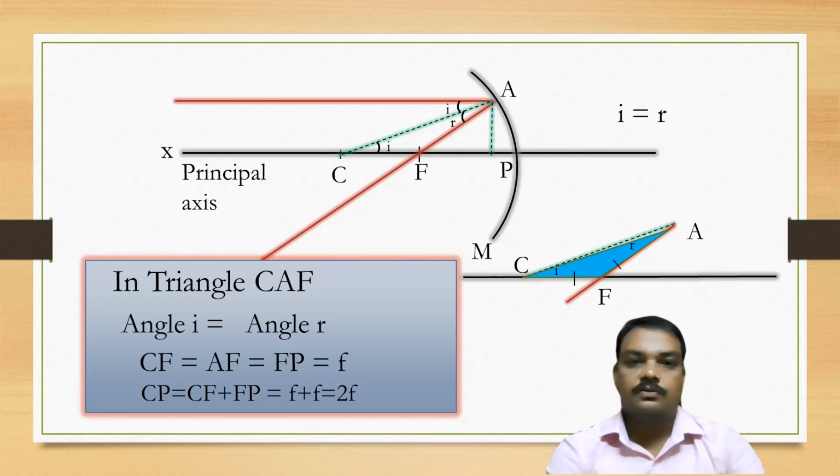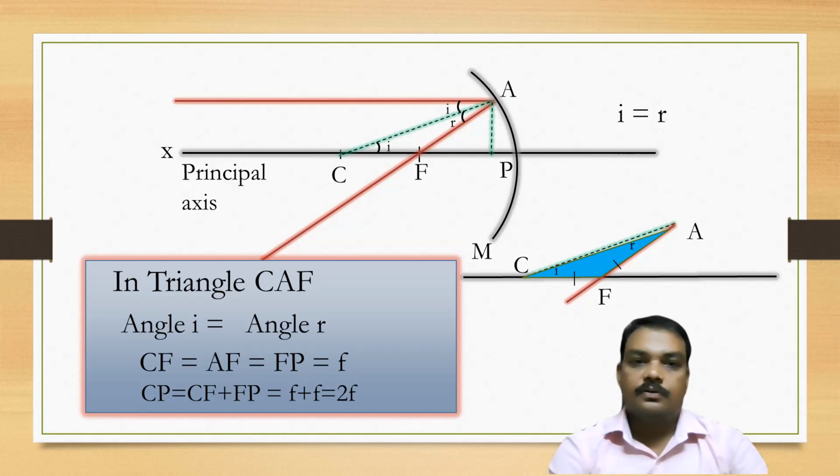Now let's go to the distance of the center of curvature from the pole, that is the radius of curvature. As per the given figure, CP is also written as CF plus FP.